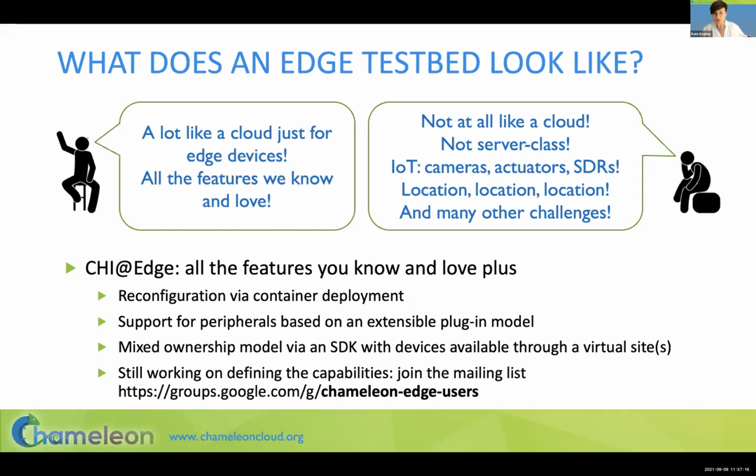It supports peripherals based on an extensible plugin model, and it also supports mixed ownerships of devices, right? So we've got some edge devices in our IoT lab, but you can also add your own edge devices, which are in interesting locations connected to various IoT devices, to the testbed as well, and run experiments with that, and we'll see some examples later.